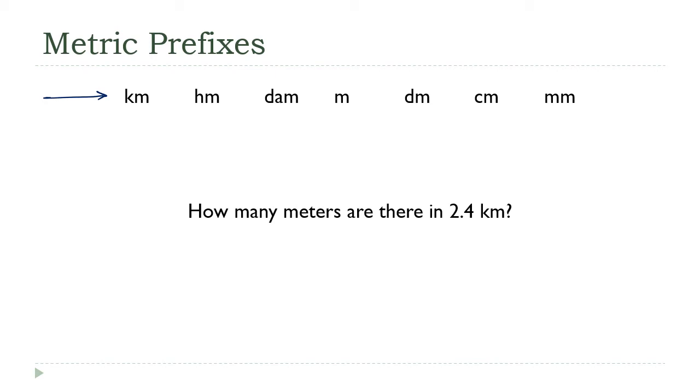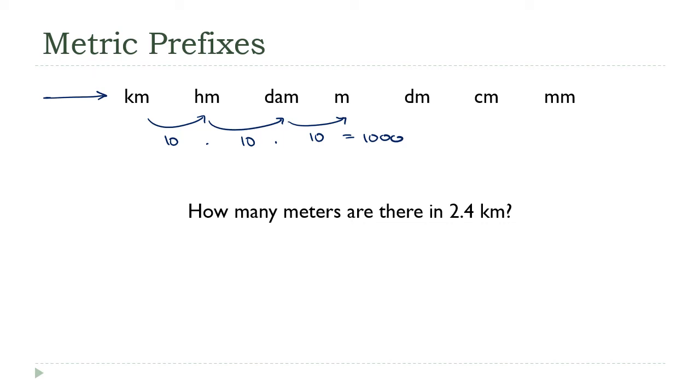So I want to go from kilometers to meters. Well, I changed by a factor of 10 here, 10 again, and 10 again. So I've changed my number total by a factor of 1,000, which means I'm going to move my decimal point 3 places. So the big question now, which direction do we go?